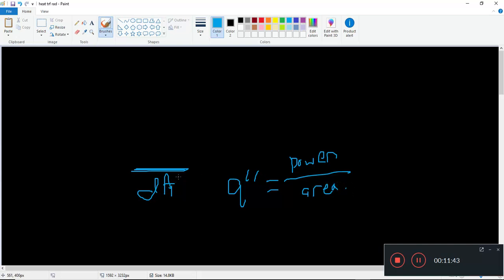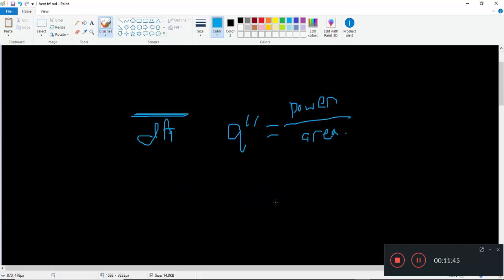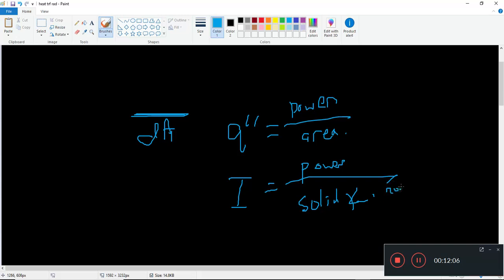Total power per unit area. And what the intensity was is actually power per unit solid angle, and I'm just going to use this angular thing to denote per unit normal area.